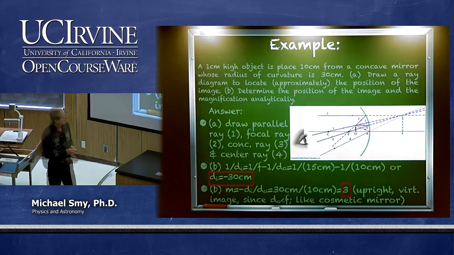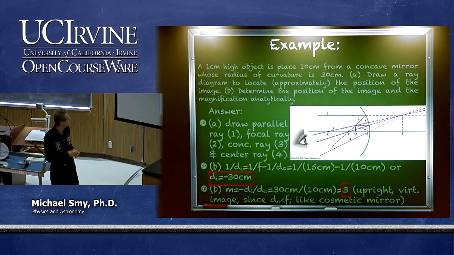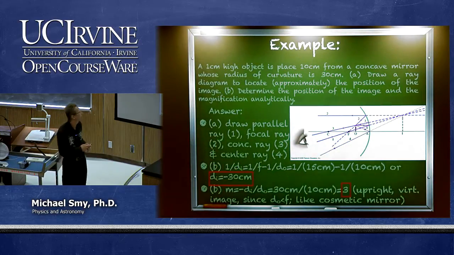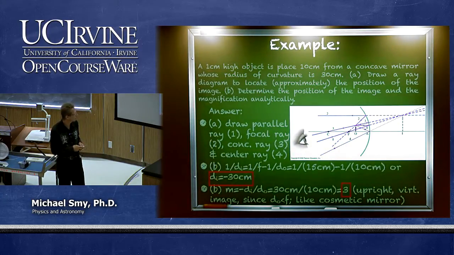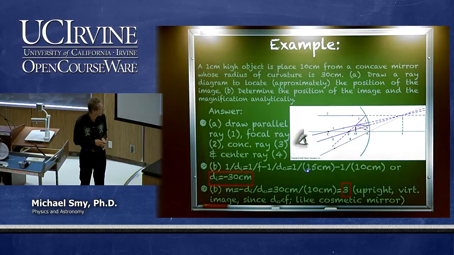So now that we have done that, we go to the B part and calculate it analytically. We use the mirror equation and solve for the image distance. So 1 over the image distance is 1 over the focal length, minus 1 over the object distance. The focal length is half of the radius, so it's 15 centimeters. So this becomes 1 over 15 centimeters.